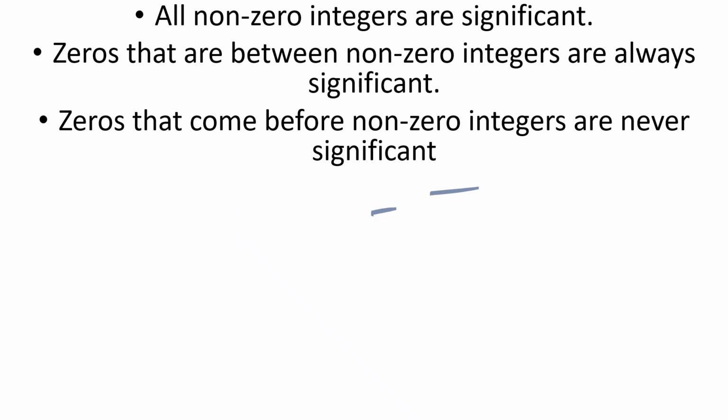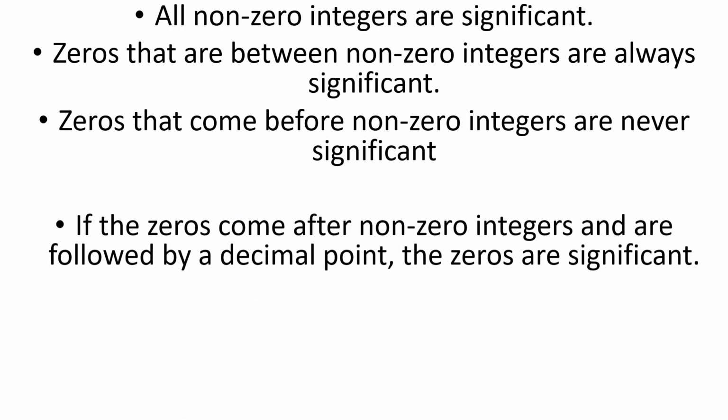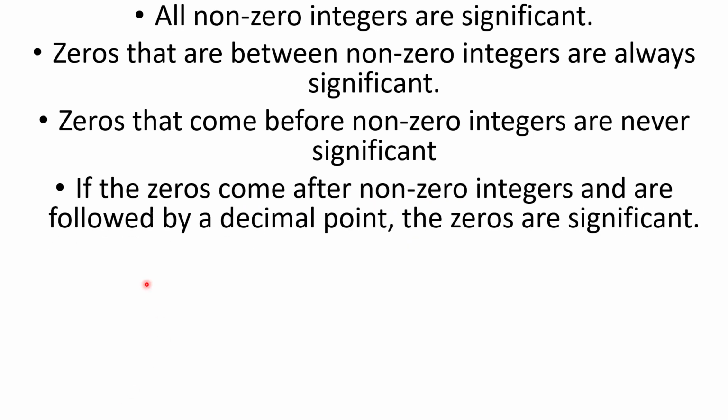Now let's move to the next rule. If the zeros come after non-zero integers, listen carefully, and are followed by a decimal point, the zeros are significant. So suppose I have a number like this.